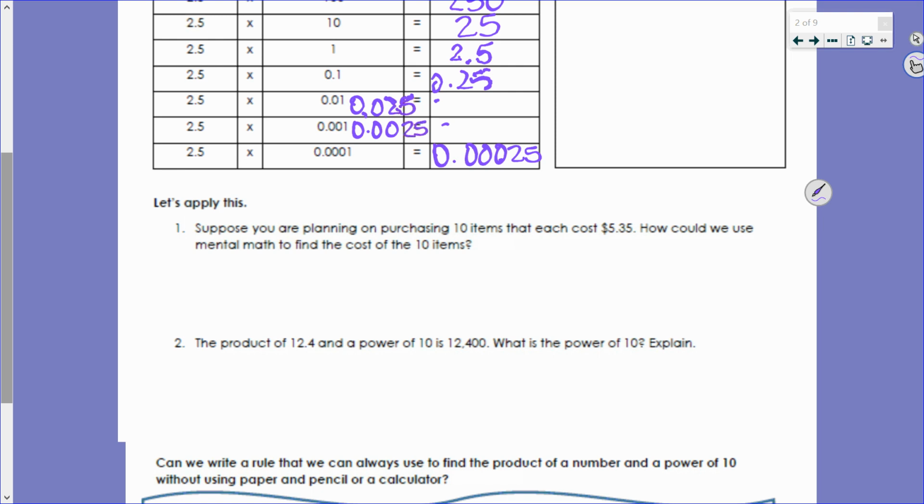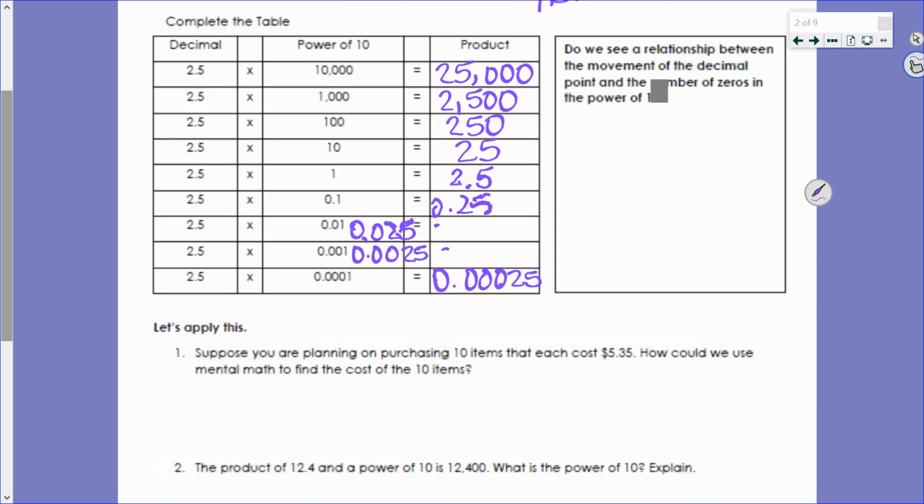So let's try and summarize this a little bit. Did we see a relationship between the movement of the decimal and the number of zeros in the power of 10? They're moving right, they're moving left. When do they move right? When they're going up, so they're bigger than what number? 1.